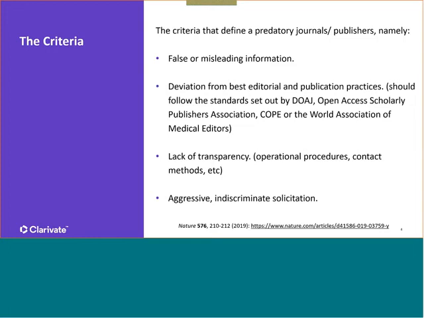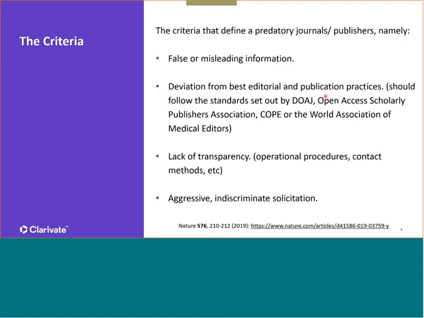Another thing is deviation from best editorial publication practices. So what does this mean? If they are open access, it would be good if you can see that they have identified themselves as following standards set out by DOAJ, or they have been listed on the DOAJ website.